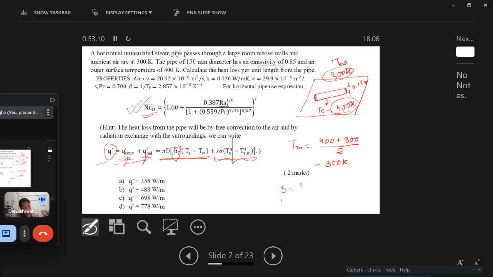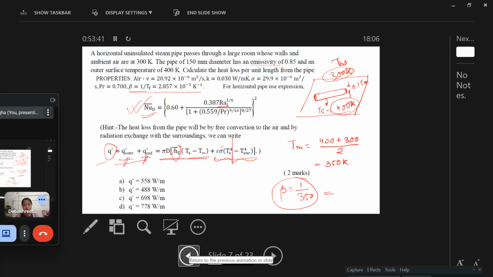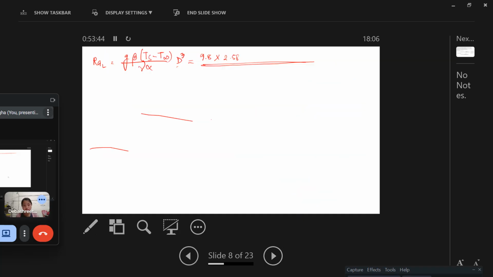So beta will be equal to 1 by 350. I think it's already given here, beta is 1 by Tf. If you calculate this, you will get around 2.857 into 10 to the power minus 3. So g is 9.8, and beta is already given as 2.857 into 10 to the power minus 3.